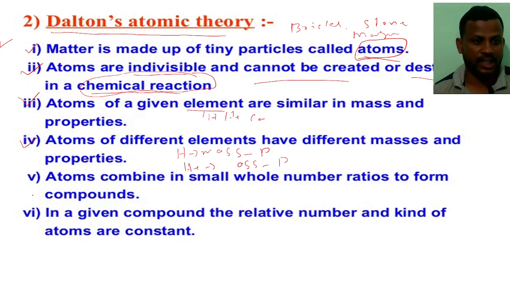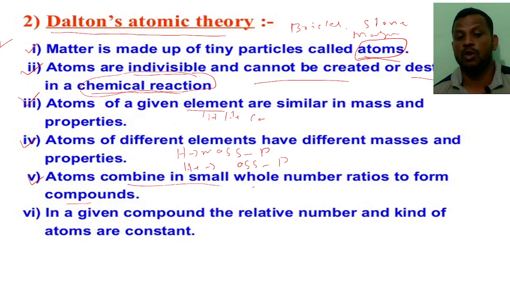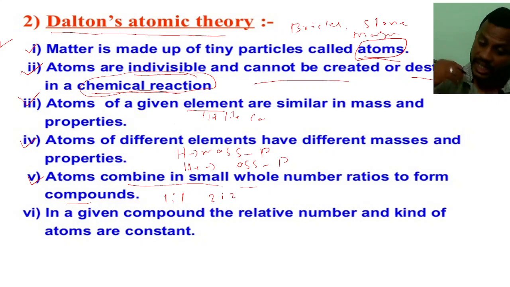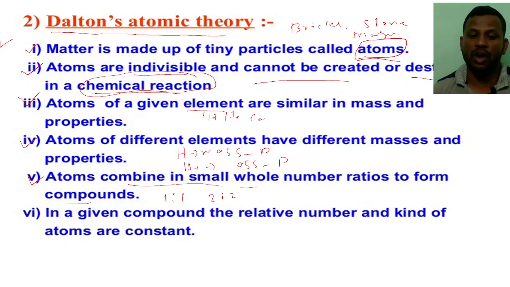Next point, atoms combine in small whole number ratios to form compounds. Dalton proposed that atoms combine in small whole numbers, like 1:1, 2:2, whole number ratios, with different elements to form a compound.